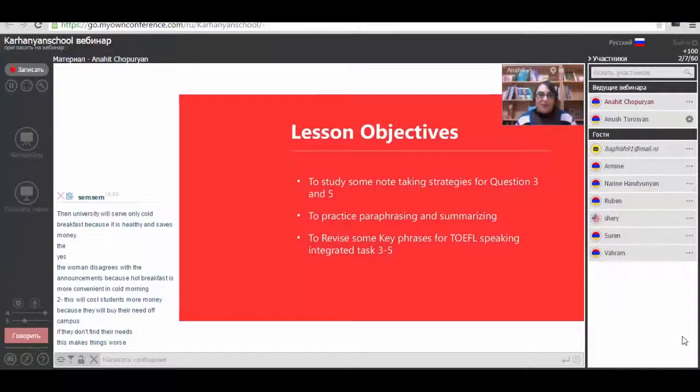Notes can help you. You can turn to your notes anytime you wish. Then practice paraphrasing and summarizing and revise some key phrases for TOEFL speaking integrated tasks 3 and 5. I hope that we accomplished each step and you learned somehow paraphrasing and summarizing, though it is more vividly seen in integrated tasks.